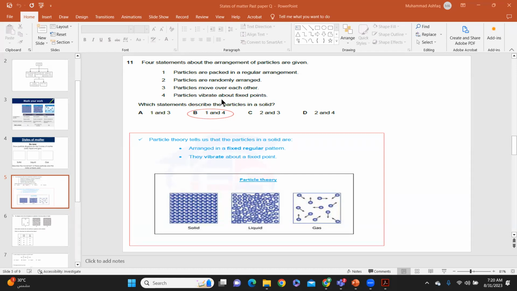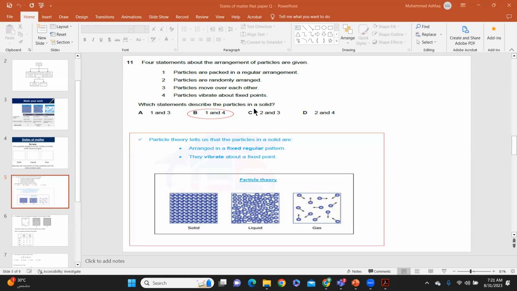Particles vibrate about fixed points. It's telling you that all of these are states that can exist. So first, which statement describes the particles in a solid? First the question, then the statements.